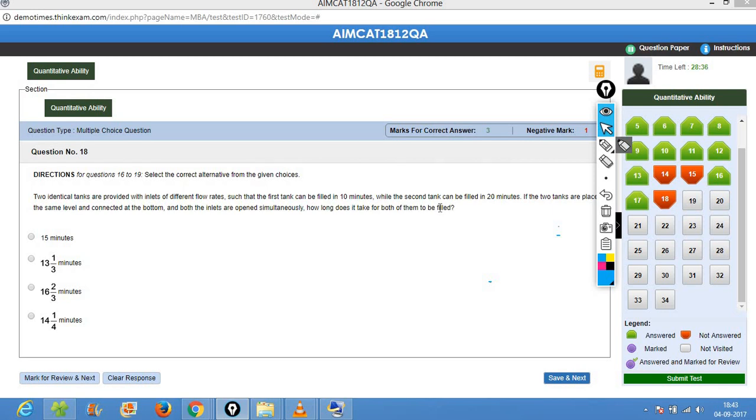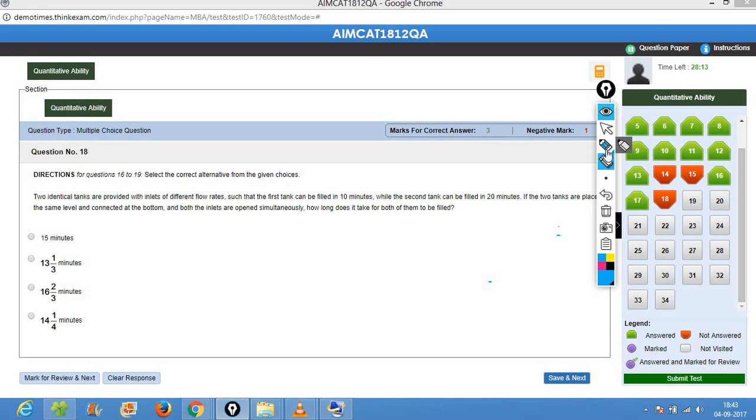So basically there are two tanks, right? The first tank can be filled in 10 minutes, the second tank can be filled in 20 minutes. I have to fill both the tanks. So there are two inlets, which are filling both these tanks.